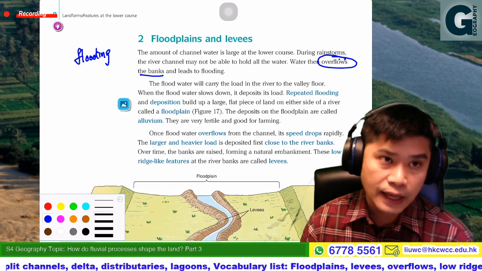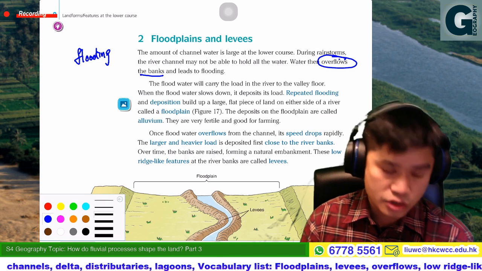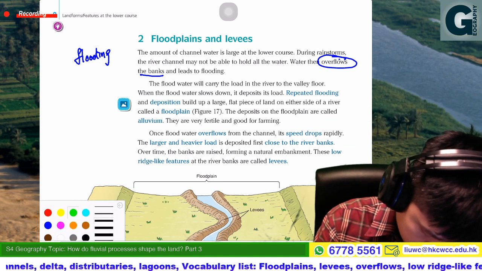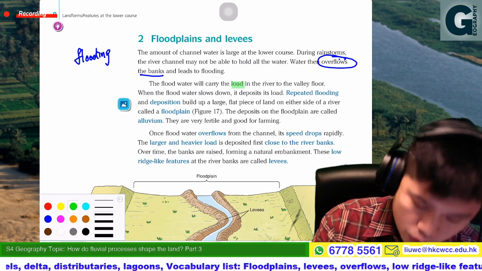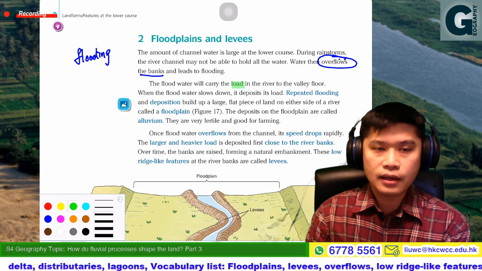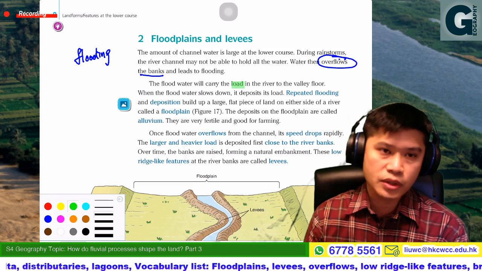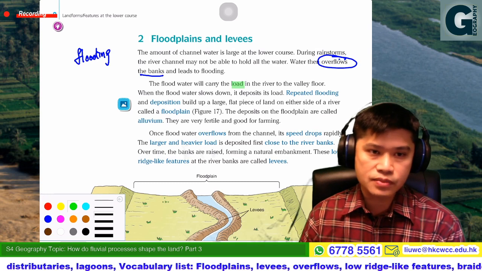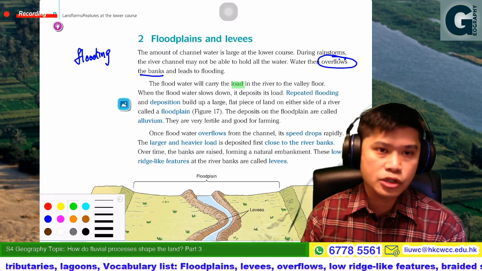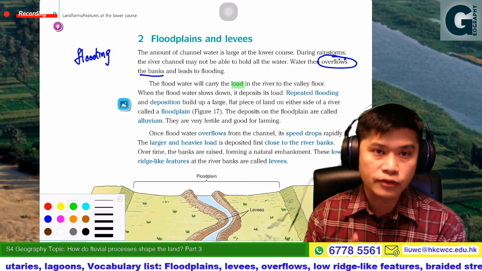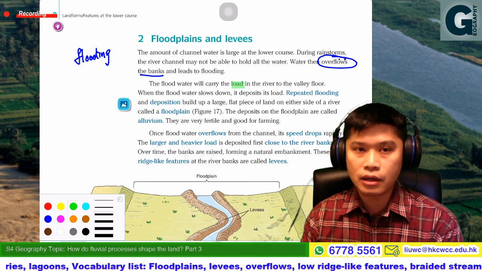Then the flood water carries a lot of load, so you may highlight this. From the upper course and middle course, erosion has been carried out, so there should be a lot of load inside the river.